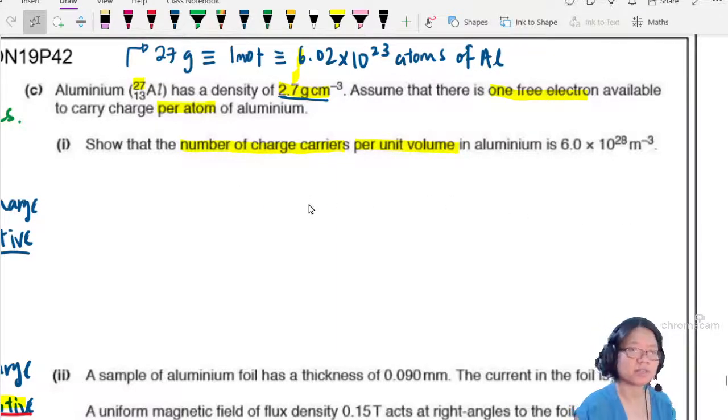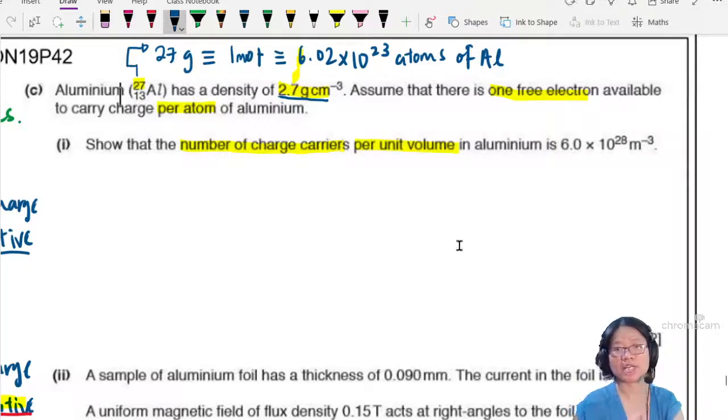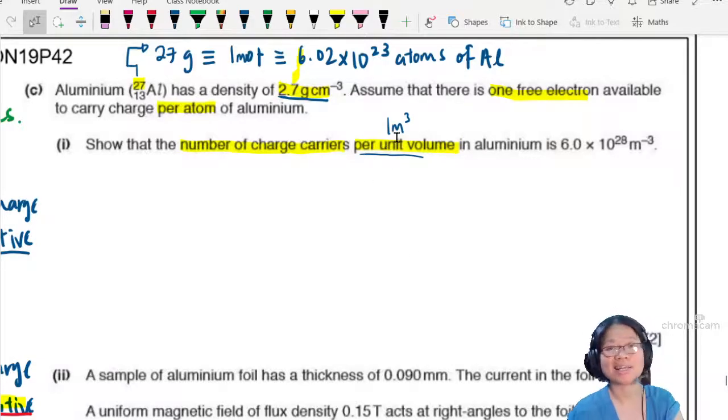That's why I say the 27 is a pretty important number if you don't know this by now. So if I can find how many moles there are in 1 unit volume, because per unit volume is 1 meter cube. So step 1, I need to find the number of moles per meter cube. And then I can find the number of atoms. And then, because one atom has one free electron, I can find the number of free electrons.